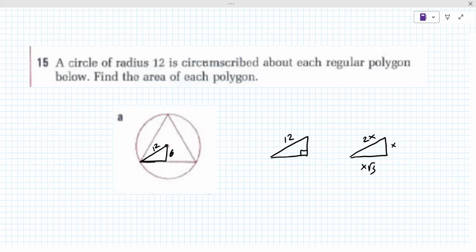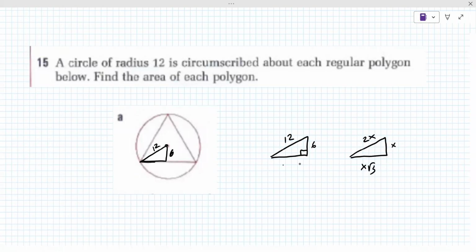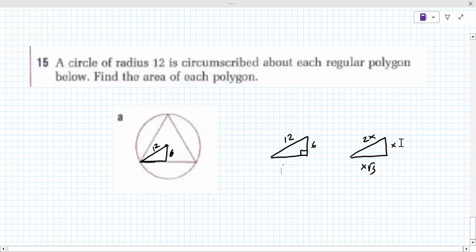The side length of the triangle. Let's do the triangle first. So that would be 2 times x root 3. So you have x, just multiply it by the root 3 here.